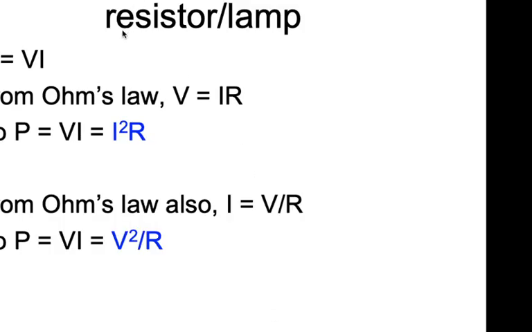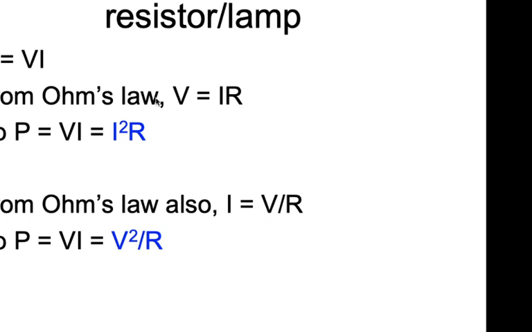So in resistors and lamps, we're not gaining power, obviously, we're dissipating or losing power. We're consuming energy over time, right? A light bulb isn't generating, it's dissipating, which means it's removing it. So power is equal to voltage times current.